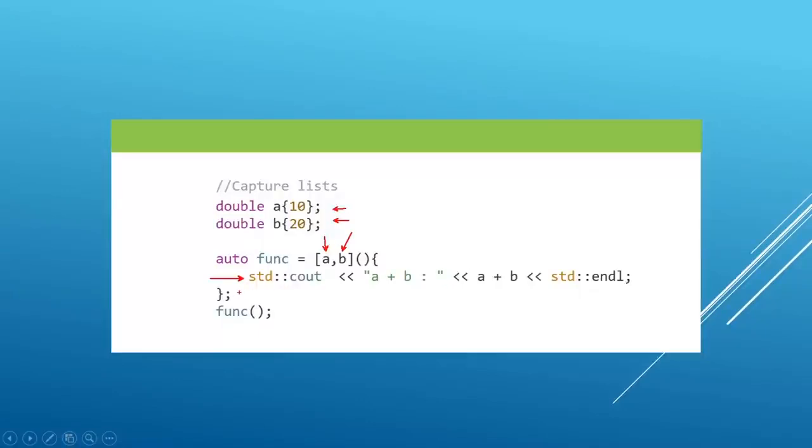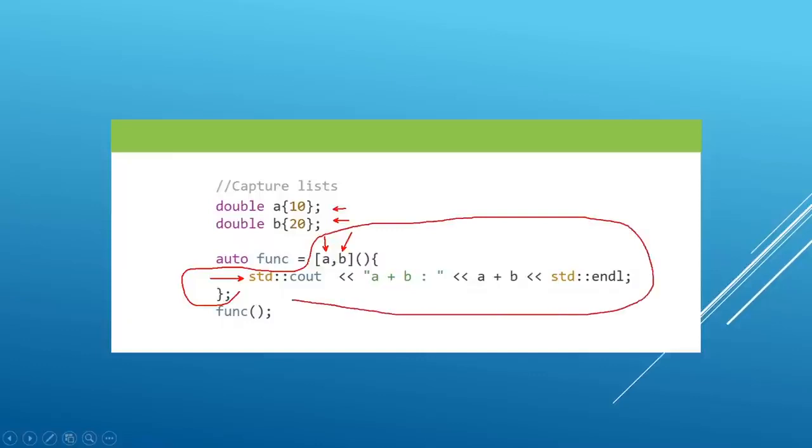Because if you really think about it, this lambda function is really a type. It is its own thing that has these behaviors built in so that we can call it and do things, but it doesn't have direct access to the outside where it was declared. You have to give it access through the capture mechanism.